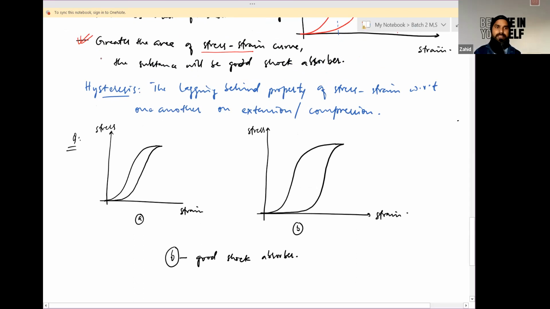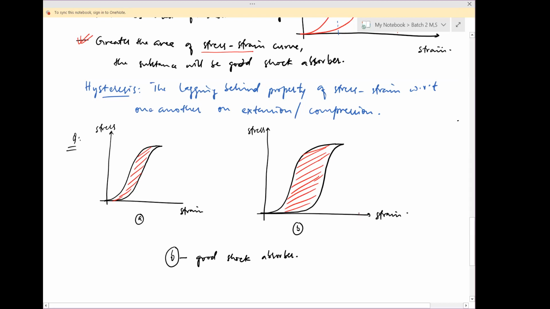Similarly, on the basis of this, I've just drawn two different graphs. For the first part, the area swept is very small, but for the second part, the area swept is large. So which of the two substances will be a good shock absorber according to the above condition? So B, you'll say.